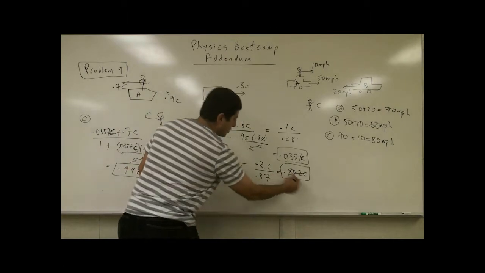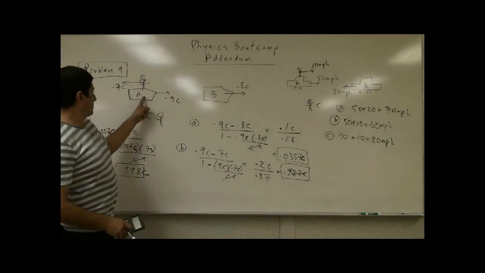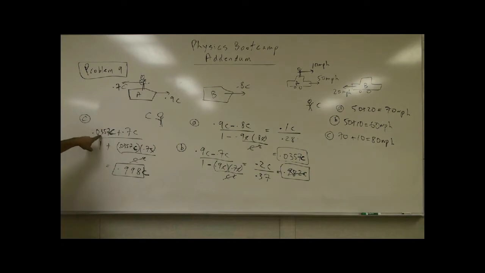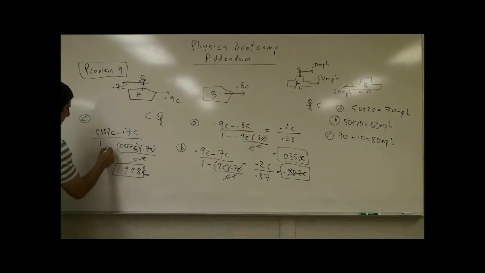Of course, this answer will change. 0.2c divided by 0.37. And then how will this change? Well, here, since he's also on it, he's throwing it the opposite way. So you're going to have 0.0357c. And then since the 0.7 is the other way, we're going to do minus here, and we're also going to do minus here, and then we'll have 0.7c.